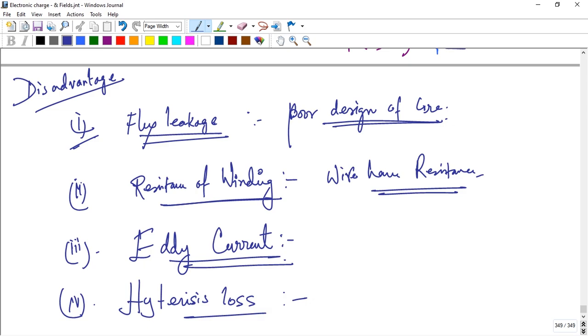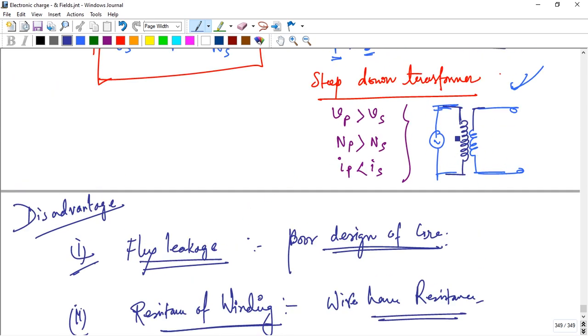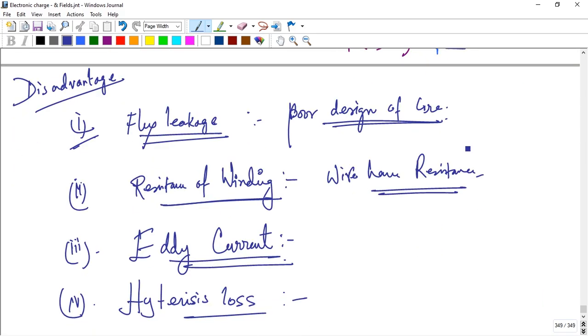So we choose a perfect material that gives a very low hysteresis loss. Then, these are the disadvantages here. We recover these disadvantages to get a maximum desirable output. That's the basics of the transformer.